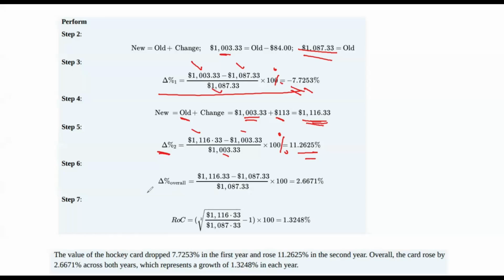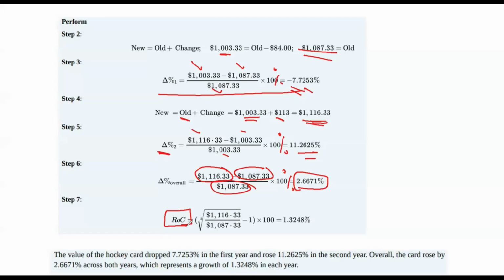Yeah. And then the overall for the 2 years now. Originally, this was the price, and at the end of 2 years, that's it, over the original times 100%. So you have an increase of 2.6671%, right? That's an overall increase. But you want a year by year average now, so we'll be using our rate of change over time.